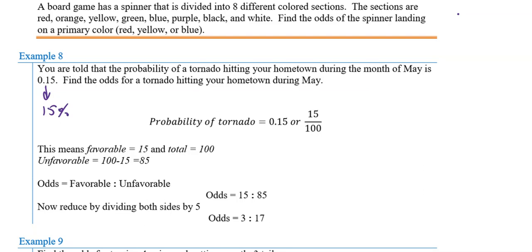So the probability of a tornado hitting is 0.15 or 15 out of 100, where the 5 is in the 100th spot. So we can rewrite that as 15 over 100. That's our favorable over total.